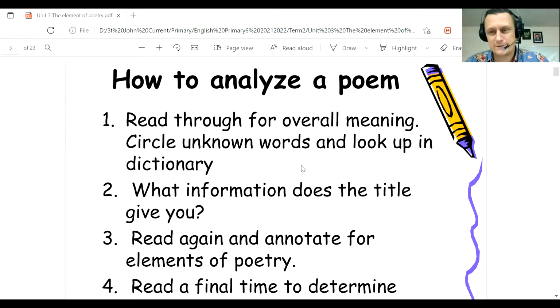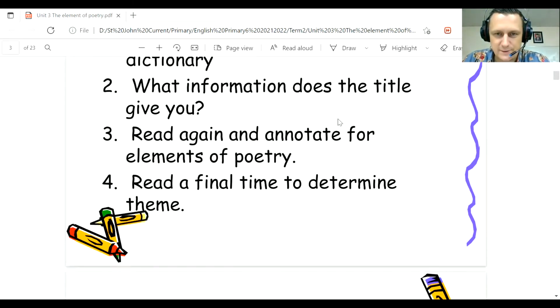Maybe more than one applies, right? So what information does the title give you? And annotate just means you try to make comments about it, so you better understand it, or like a commentary.